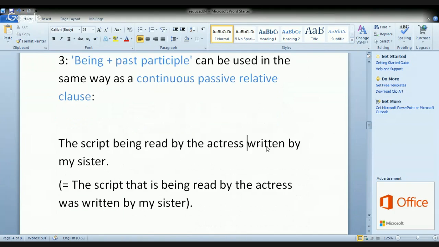Let's do that. My grammar today. My sister. The script being read by the actress, written by my sister, was found in her room, for example.